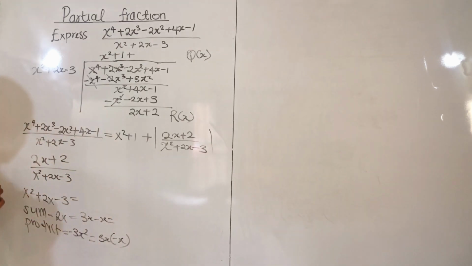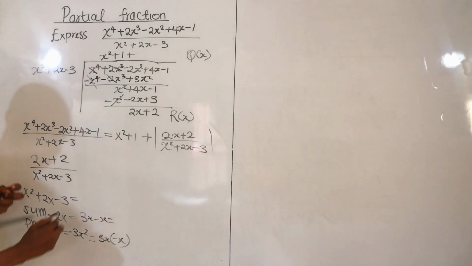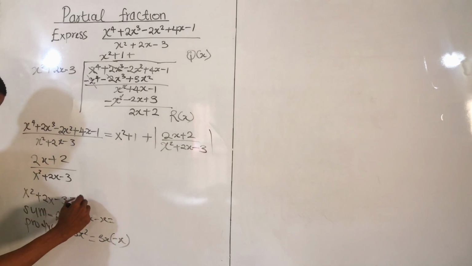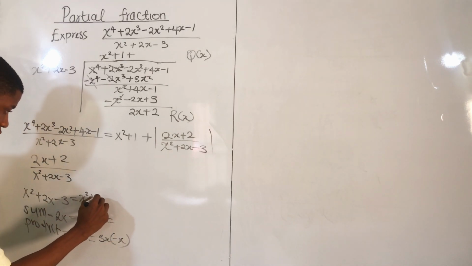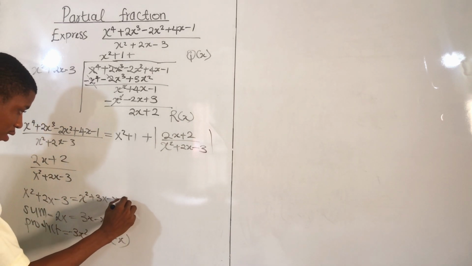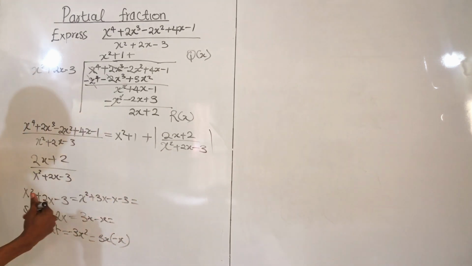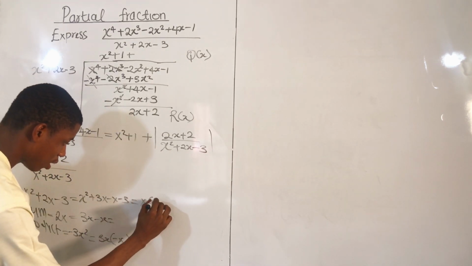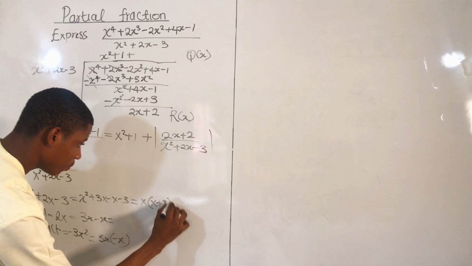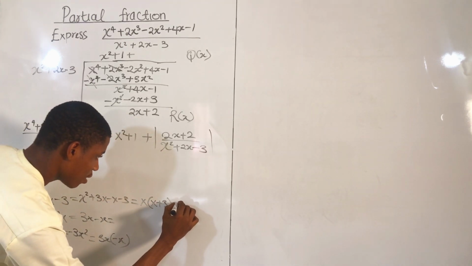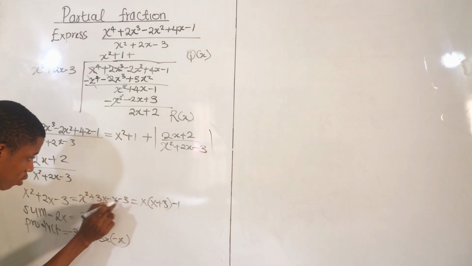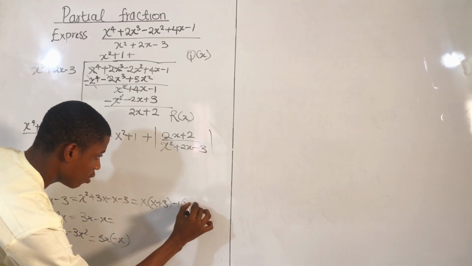You have this answer. So therefore we're going to put those values into here. So we have x squared plus 3x negative x negative 3. Want to factor out, so you're factoring x out. So we're going to have x plus 3. Factor out negative 1 from these two. You have negative 1 into x plus 3.